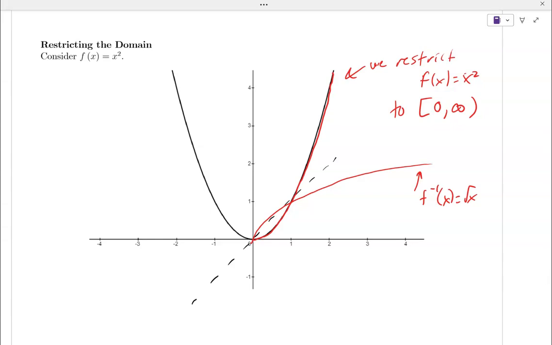We have to restrict the domain for functions that aren't one-to-one if we want to talk about inverses of those functions. The square root function is probably your first example of such a function that you would want to be able to undo. You would also need to do the same things if you want to do a fourth root or a sixth root or those kinds of things.